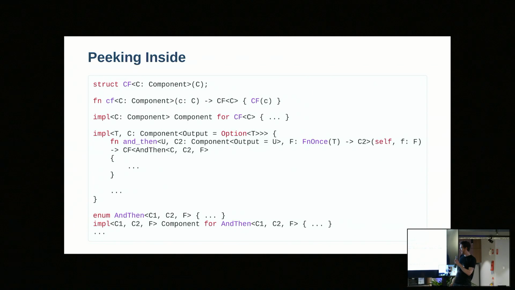Let's see, what's worth talking about here? Really, this is just an implementation. All the combinators really just return values of these structs, like and then implements component, or and then is a component that composes additional components that perform computations on the results of other components.